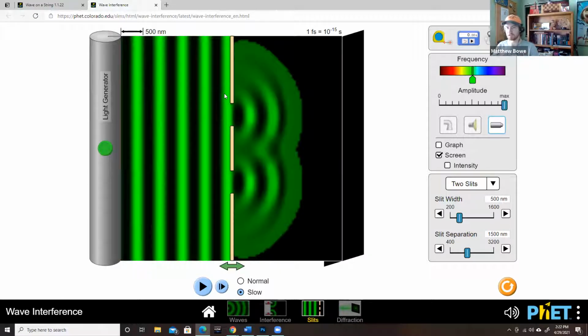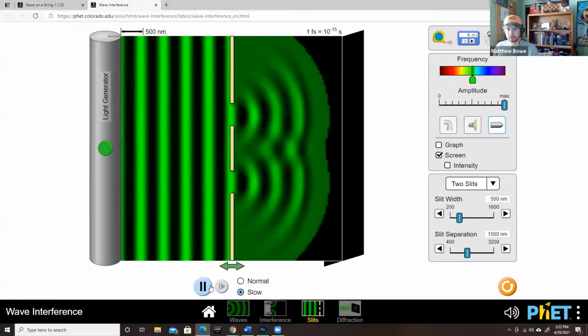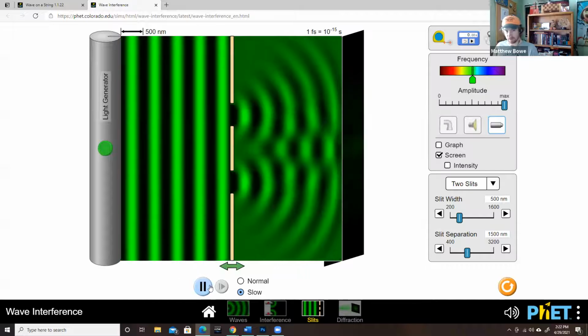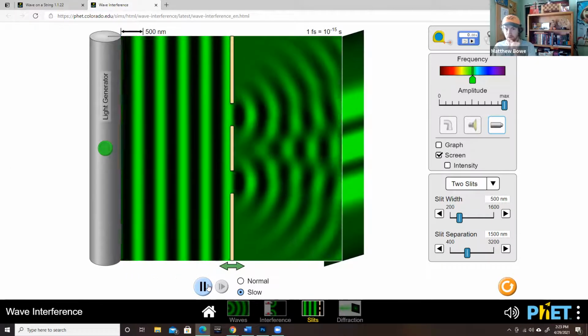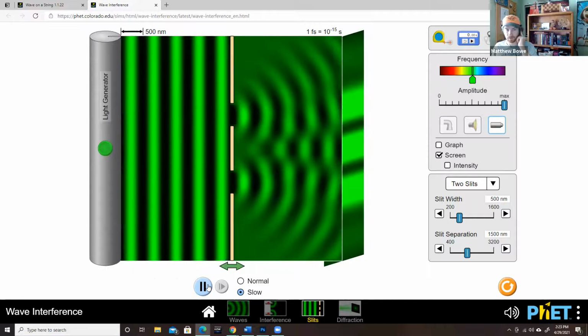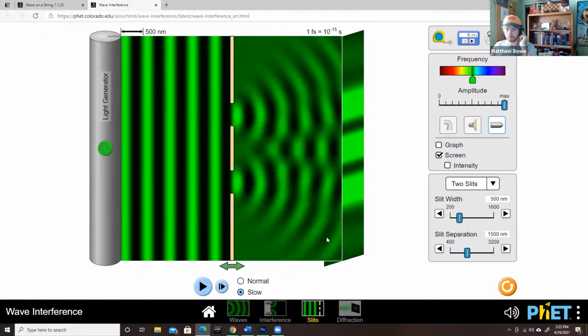And now we have these two holes in the wall where light will do the same thing it would normally do. It fills out the space. But now there's this region in the middle that is constructively interfering with one another. And let me pause it.